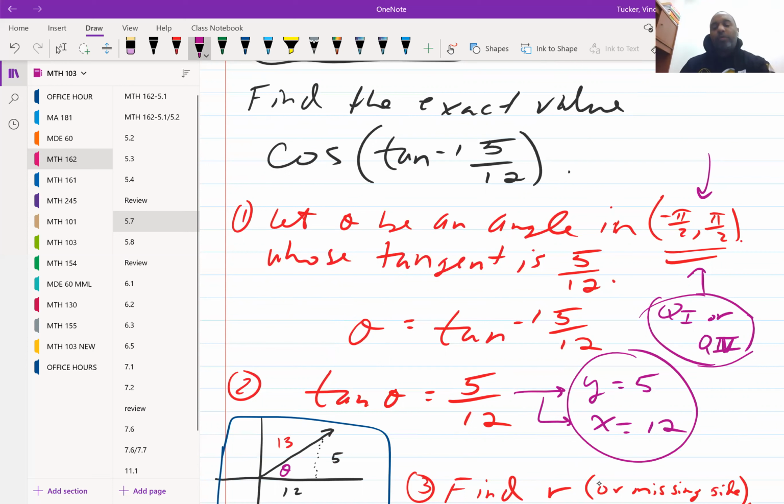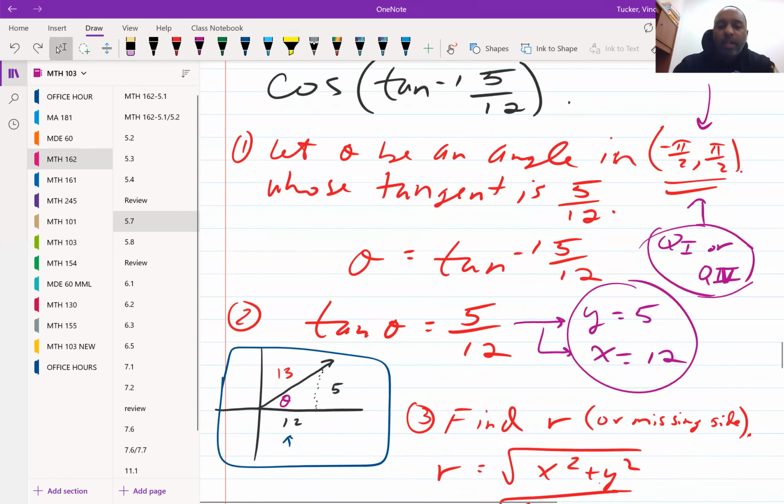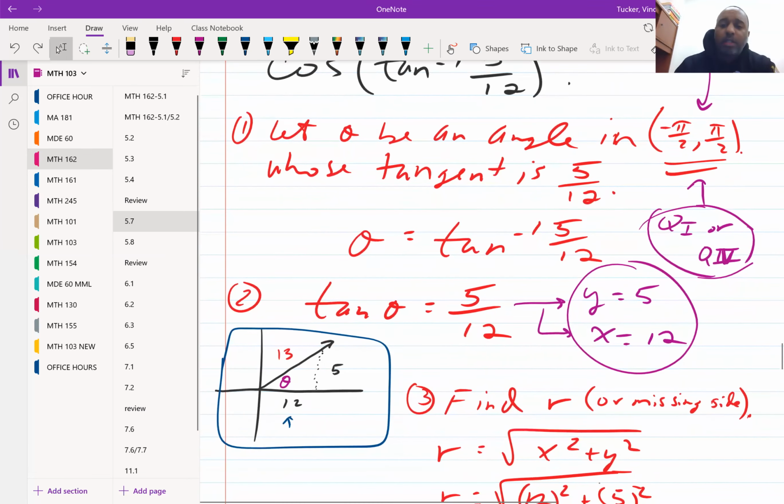And if we apply what we established last class with the tangent being y over x, that means y is going to be 5, x is going to be 12. And so now we can find r, or, if you're dealing with another problem, whatever your missing side is, that's what you would be looking for now. Once you've established the sides that you do have, you go ahead and look for the other side.